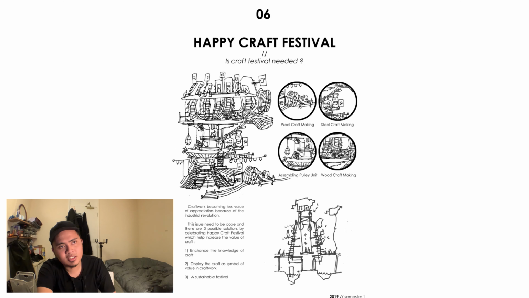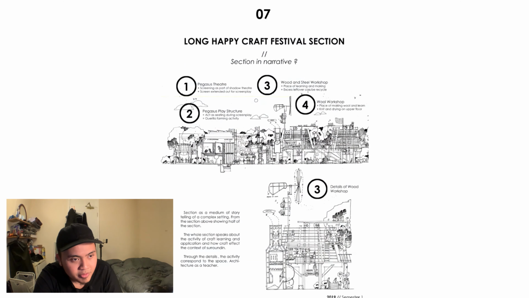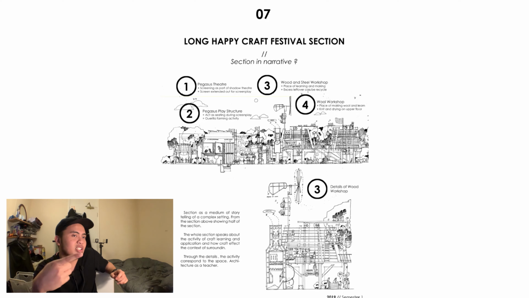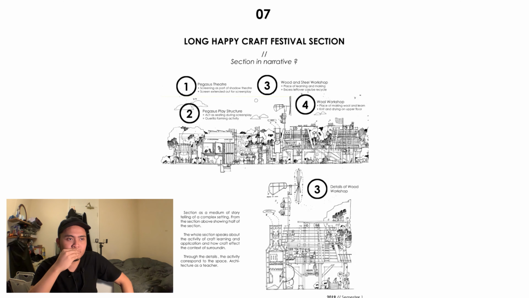So this is the perspective during the festival, and this is the longitudinal section, where I'm still developing based on the idea from before, having a windmill for the purpose of the craft, so that the windmill produces energy for them to do craft, and also steel and wool workshops.